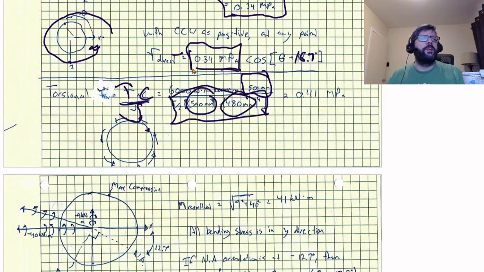So that ends up being 0.41 megapascals, and that's going to be constant at any point along the outside of that skin, pushing it in a counterclockwise direction, so positive.